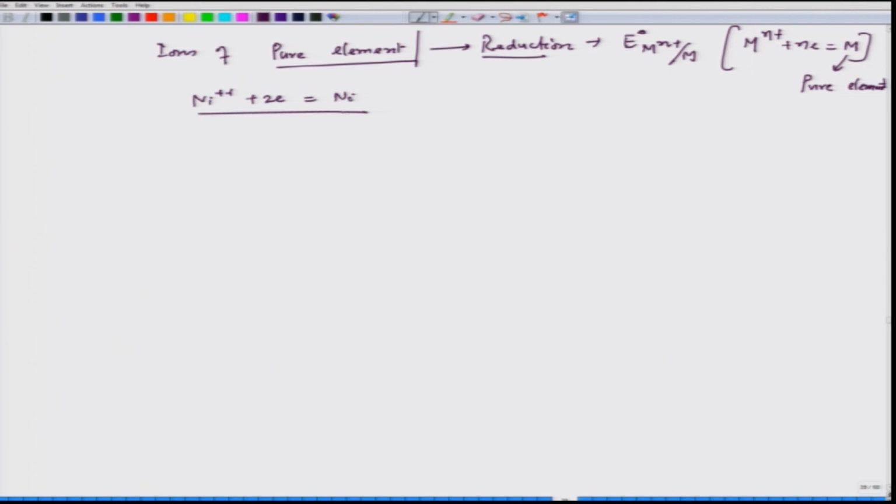Now, if I consider this, we can also find out E0 for this process.